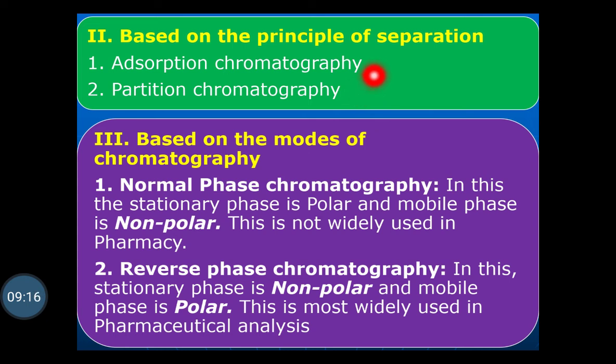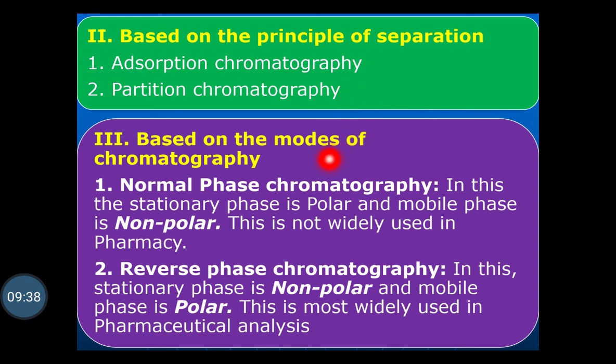So in adsorption chromatography, the stationary phase is adsorbent and solid in nature, and the mobile phase is liquid. In partition chromatography, both phases are liquid, and separation takes place depending upon the difference in partition coefficient.